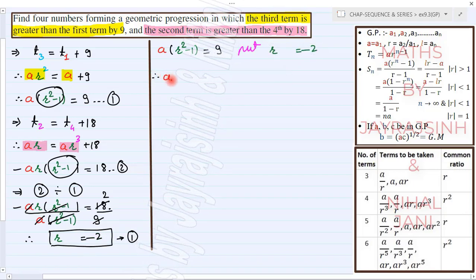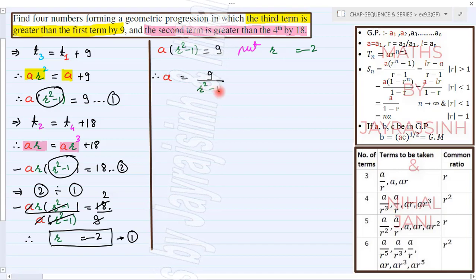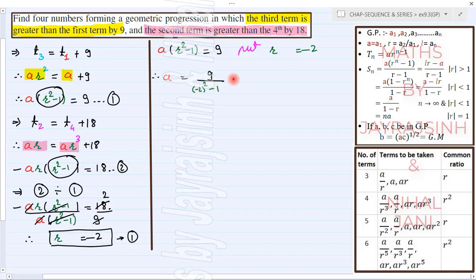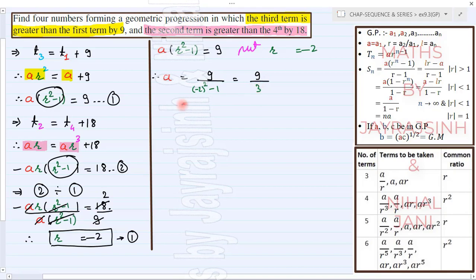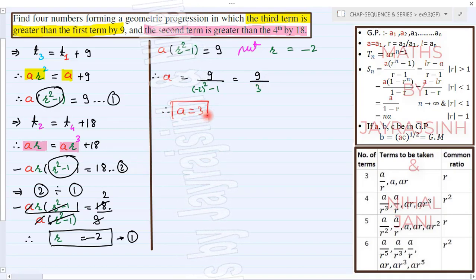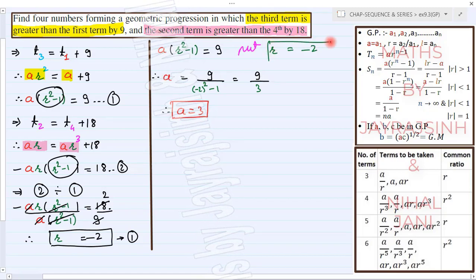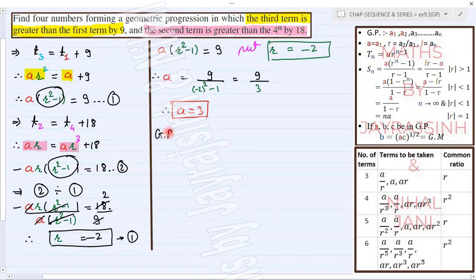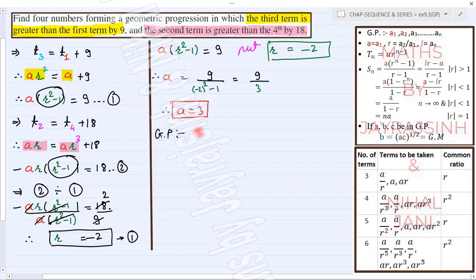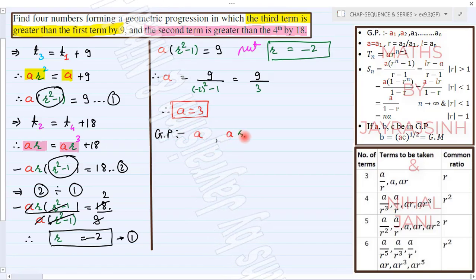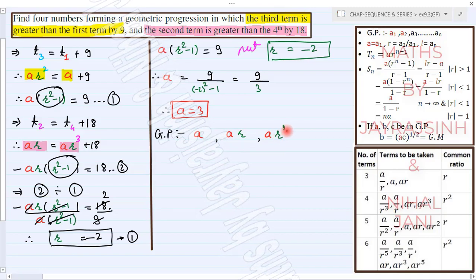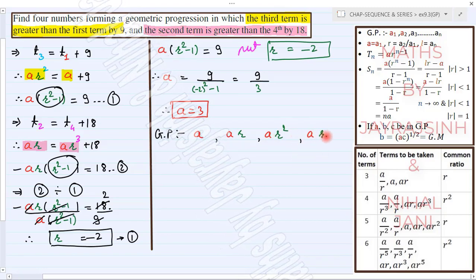So here we'll get a = 9 upon r^2 - 1, or we can say (-2)^2 - 1, which is 9 upon 4 - 1, 9 by 3 will give us a = 3. So we get the values of a and r, and we are ready to form our GP. Its 4 terms are a, ar, ar^2 and ar^3.